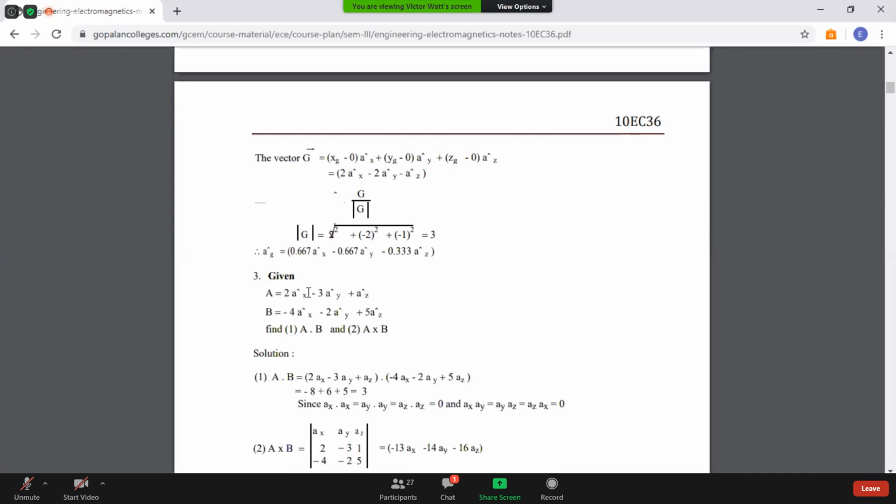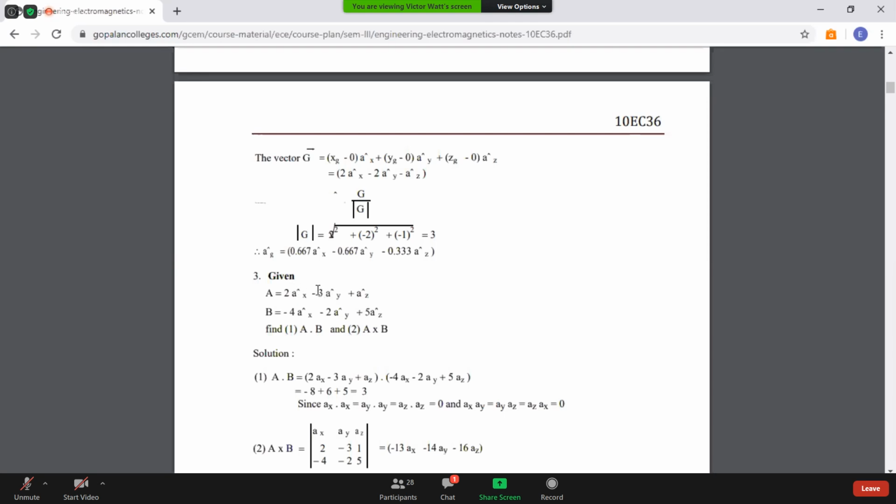Now 2AX dot minus 2AY, the angle between AX and AY is 90, so that is going to work out to 0. 2AX dot 5AZ, the angle between that is 90, so that is going to work out to 0.